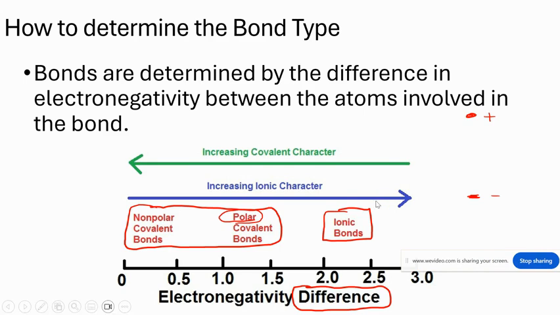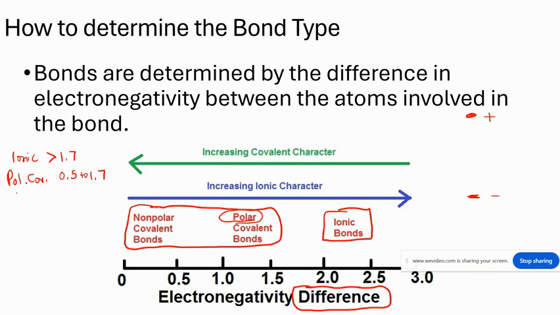What if it's like 1.75? If it's right on the line, typically we consider ionic to be usually greater than 1.7. Polar covalent is 0.5 to 1.7.